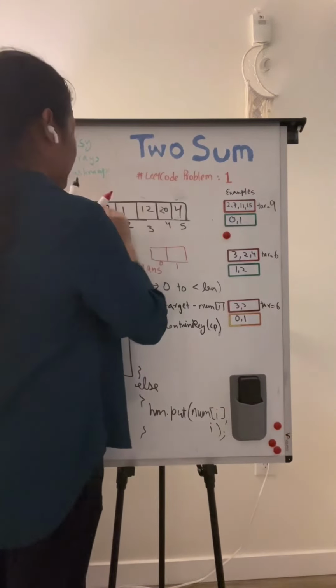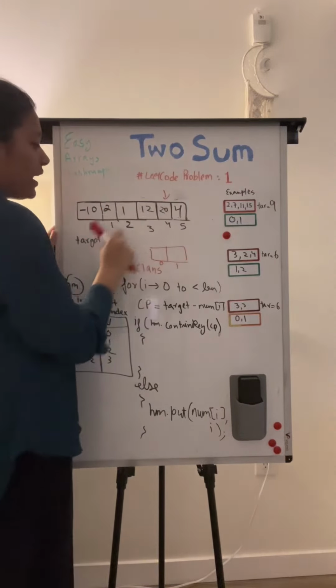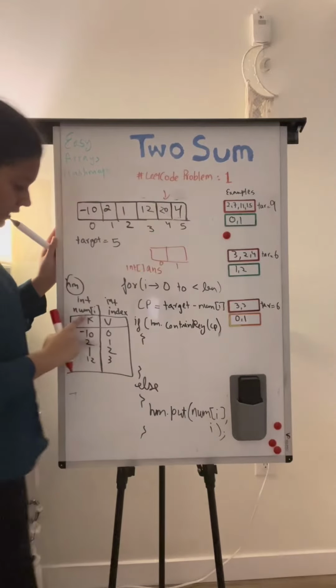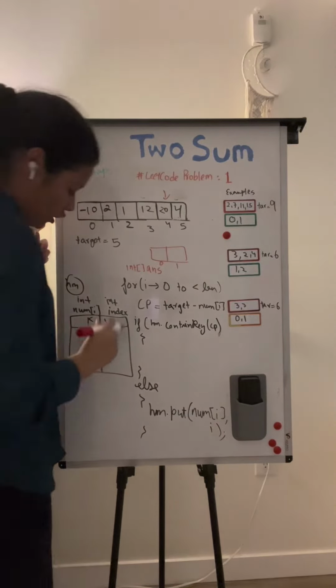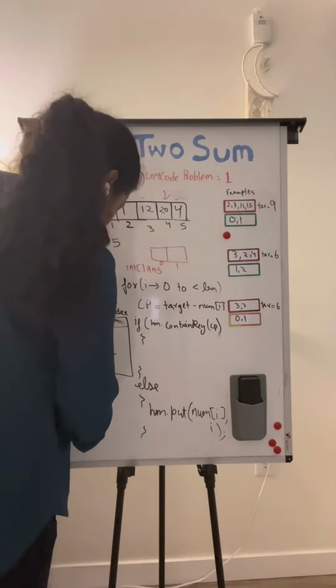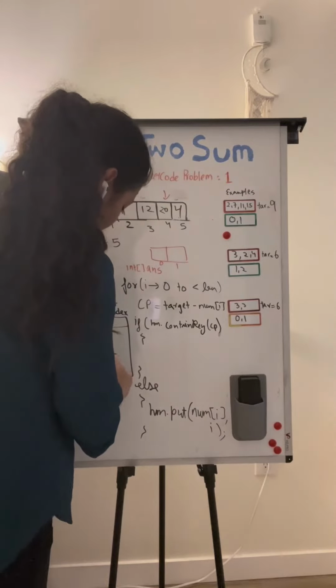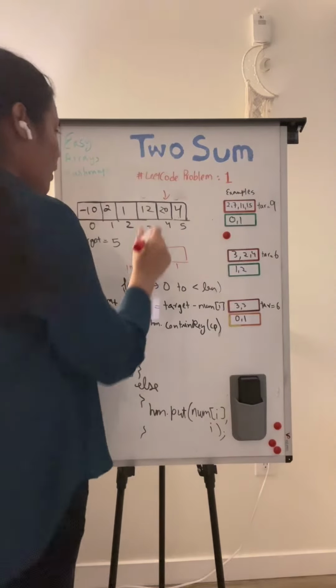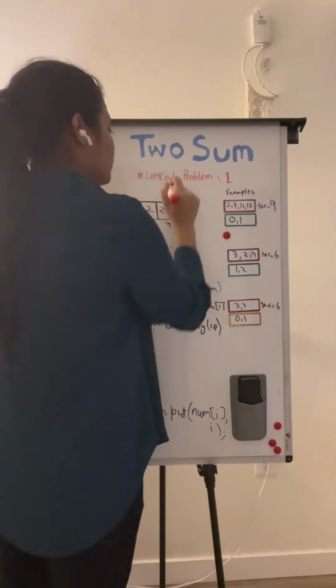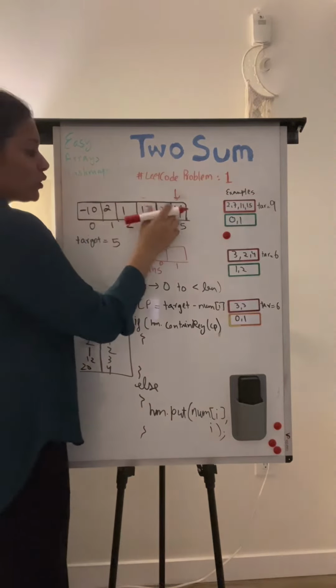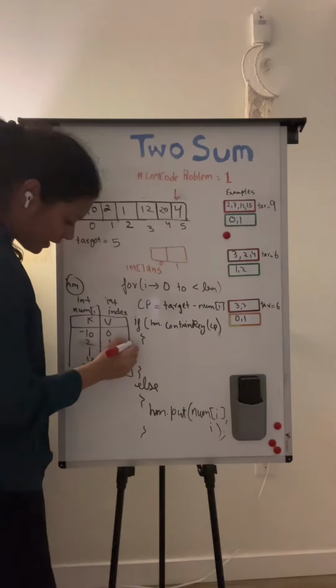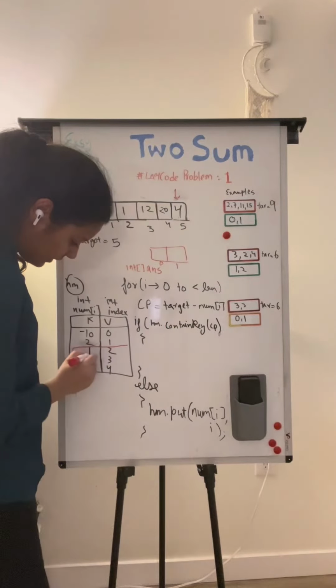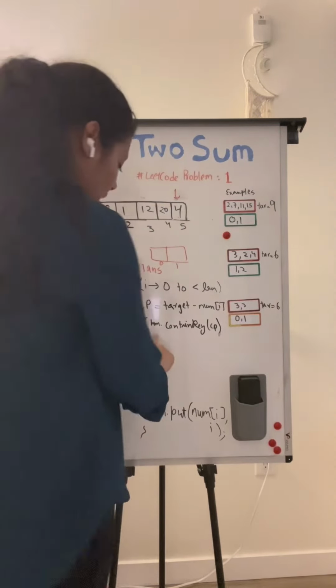Now I come to 20. The counterpart for 20 would be 5 minus 20, minus 15. Does my hash map contain minus 15? No. So I put 20 and the value is 4. When I come to 4, the counterpart for 4 would be 5 minus 4, 1. And my hash map in fact contains 1. So I come in this block.